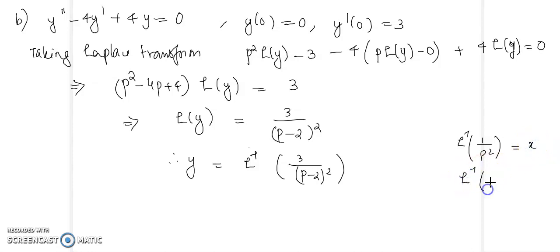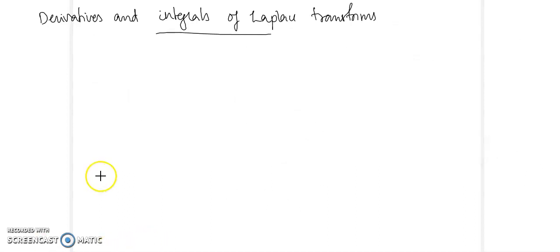So L of e raised to 2x into x will be 1 by p minus 2 whole square. So when we take the L inverse, you will get 3x e raised to 2x. So that will be the required value of y.